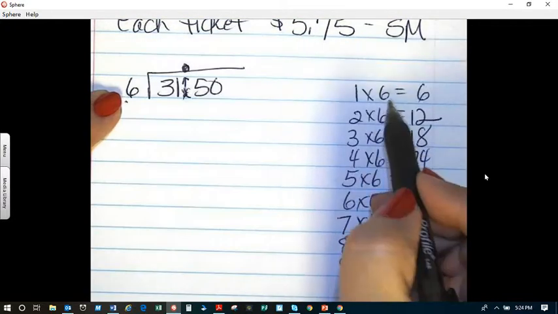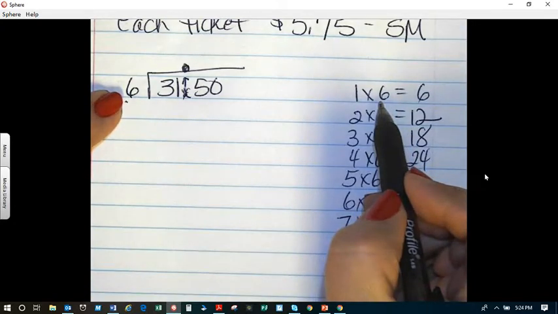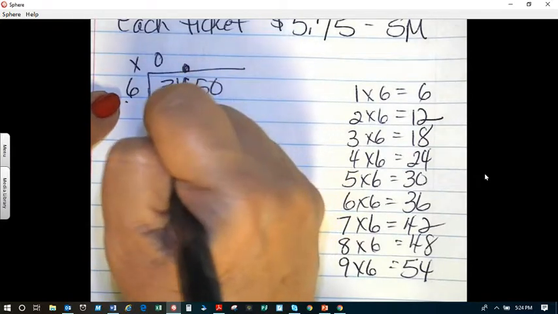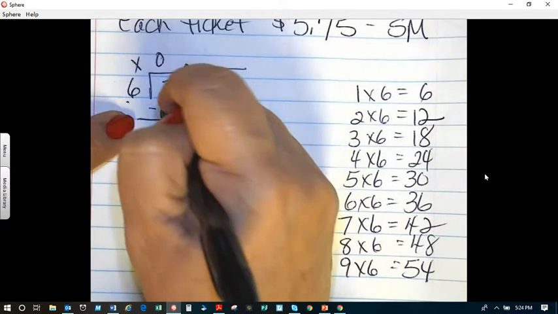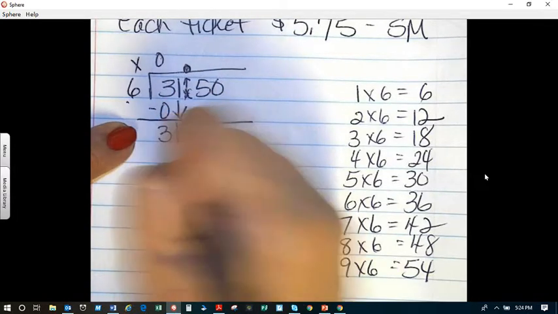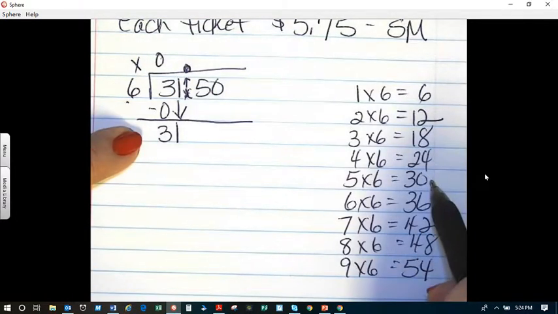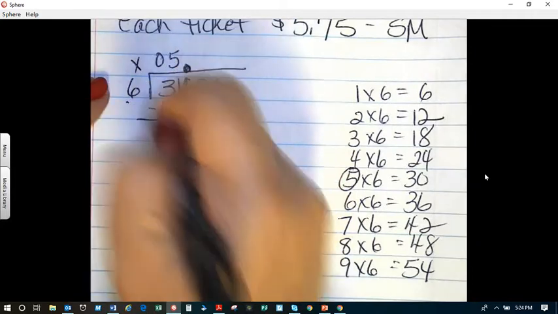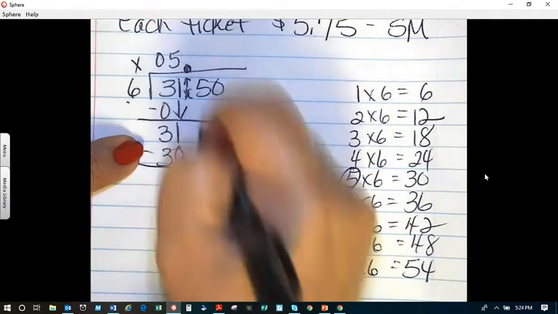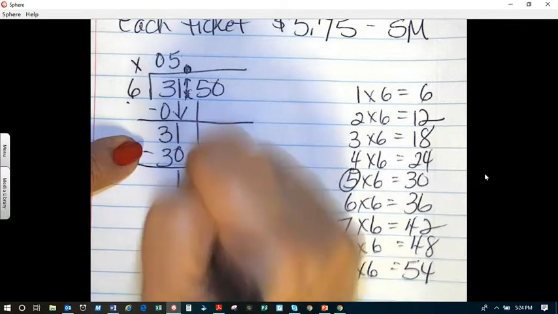How many groups of 6 go into 3? 0. 0 times 6 equals 0. Subtract out. 3 minus 0 equals 3. Bring down my 1. How many groups of 6 can go into 31 without going over? I have 5 groups of 6. 5 times 6 equals 30. Subtract that out. 1 minus 0 equals 1. And bring down my 5.